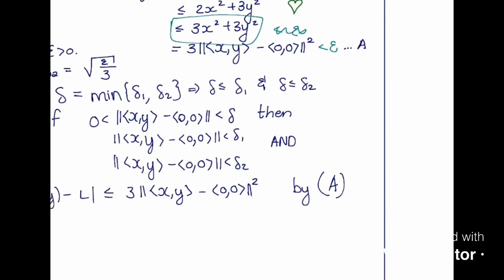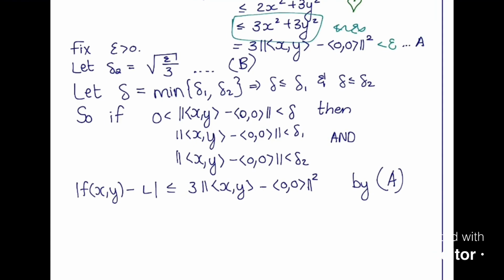And then we can call this B, so that our f(x,y) minus L will be less than 3 delta 2 squared, strictly less than.